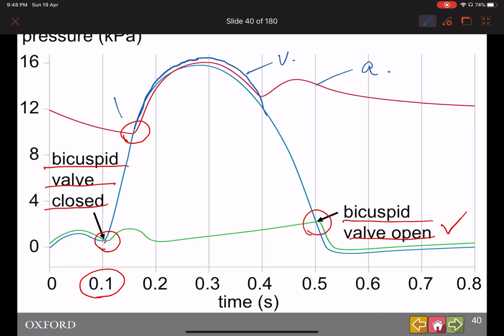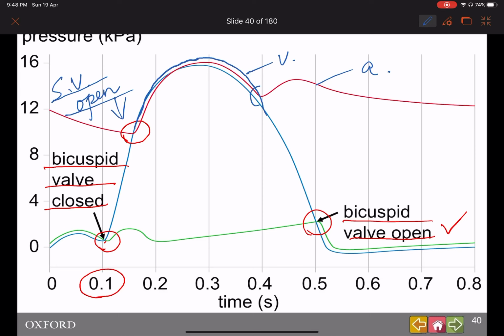So here in this first point, when the ventricle pressure is higher than the aorta pressure, that means the semilunar valve will open at this moment. When the ventricle pressure is higher than the aorta pressure, the blood will flow from the ventricle to the aorta. So the semilunar valve should open to allow the blood to flow from the ventricle to the aorta.